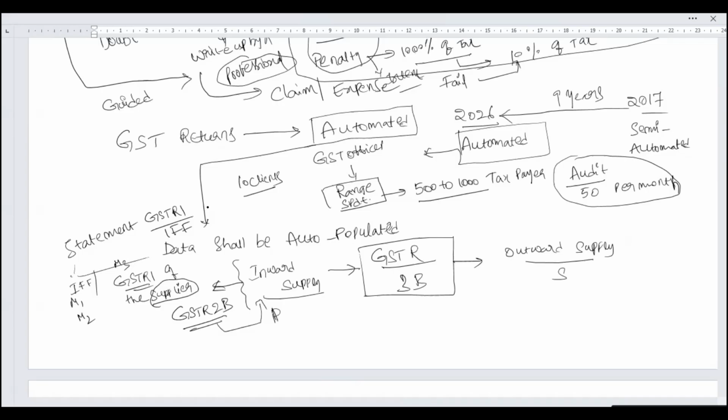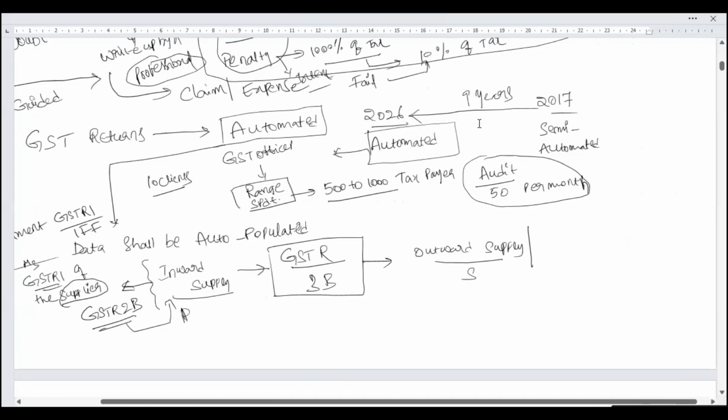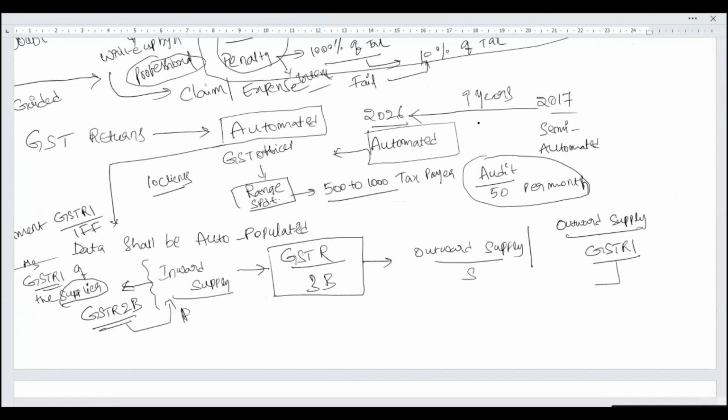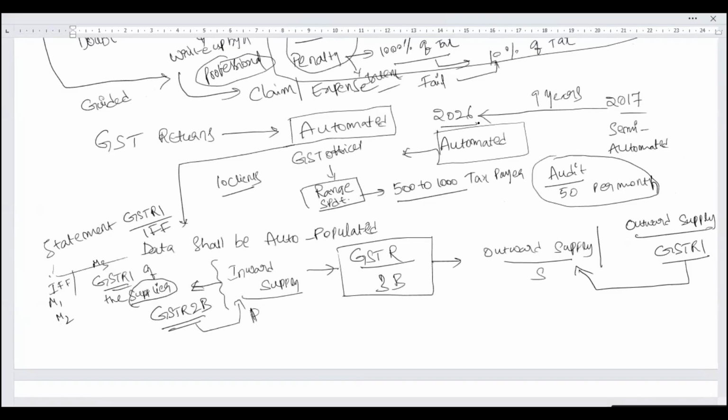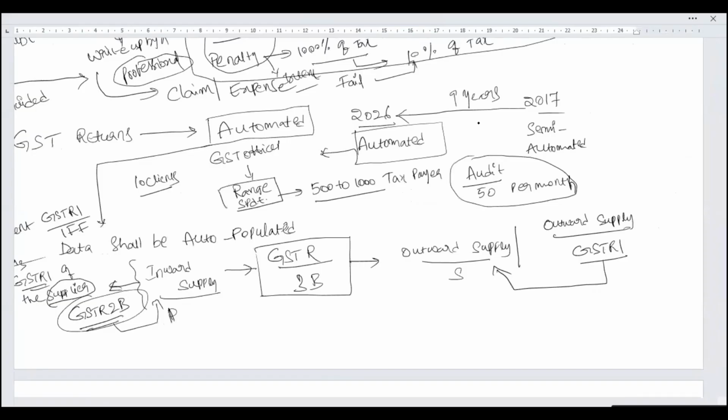With respect to your sales, you have filed your outward supply, which is called GSTR1. On the basis of GSTR1, data is auto-populated, which is called outward supply. So here they say your purchases are auto-populated into a form called 2B. Your outward supply on the basis of GSTR1 sits directly in your outward supply.